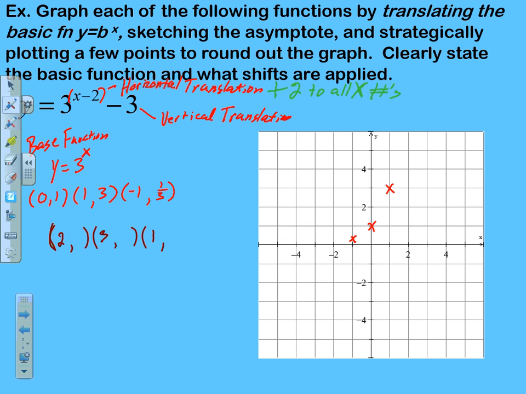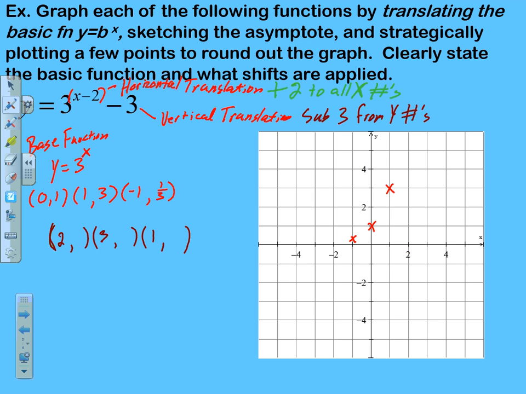Okay, so now let's see what the y coordinates would be. Well, the -3 transformation says to subtract 3 from all of my y numbers. Whatever the y coordinates are, we're going to subtract 3 from them.